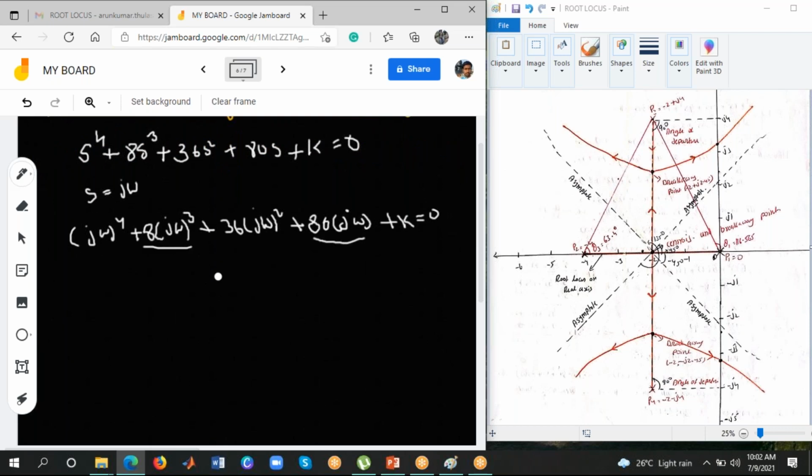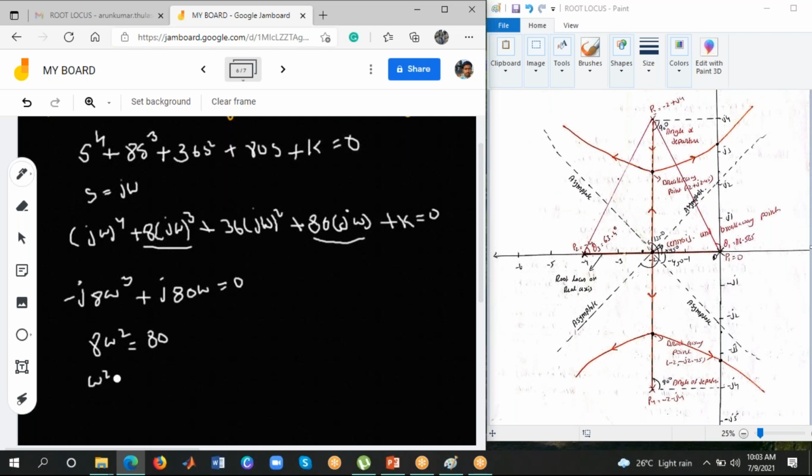So two terms come. Here we get -j8 omega cubed plus j80 omega equals 0. Usually -j cancels and one omega cancels. So 8 omega square equals 80, and omega square equals 10.